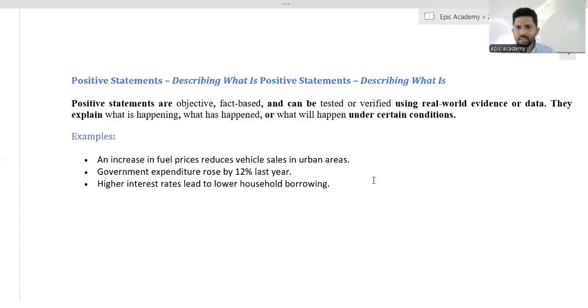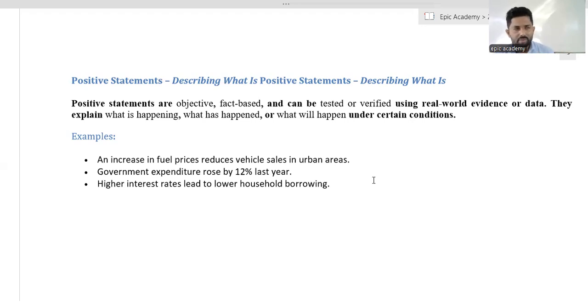It is not any kind of fiction or something like that. Because it is fact based, if I create a positive statement, there must be evidence behind it. That is why we call it fact based, and it can be tested, because it is practical.